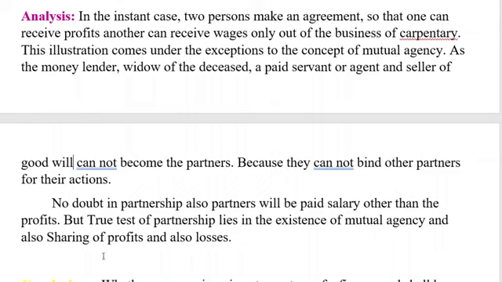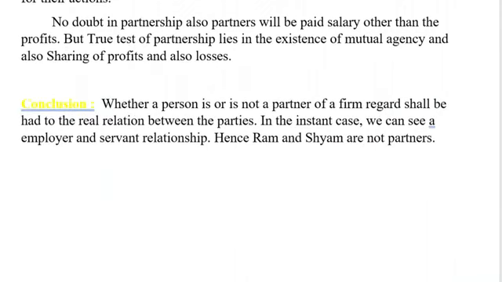But the true test of partnership lies in the existence of mutual agency and also sharing of the profits and the losses. So what should be our conclusion? Whether a person is or is not a partner of a firm, regard shall be had to the real relationship between the parties. That means we have to see what is the relationship between the parties.